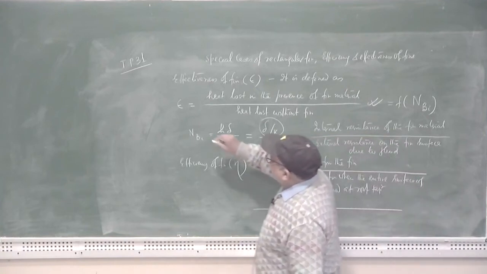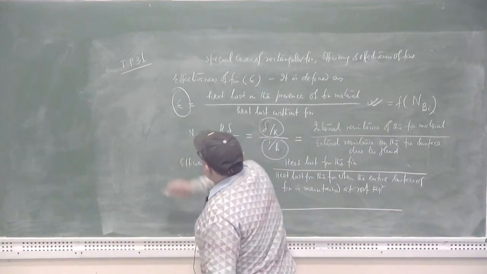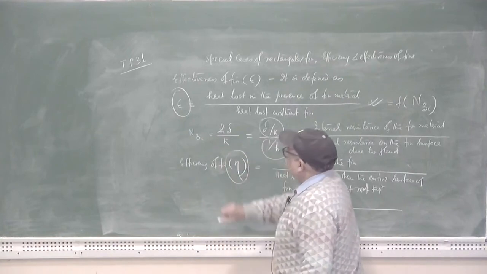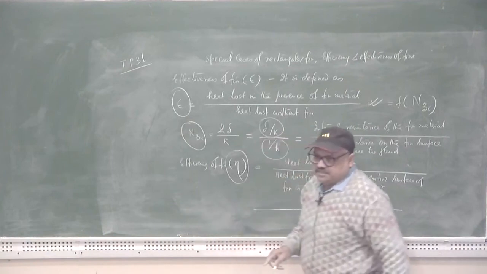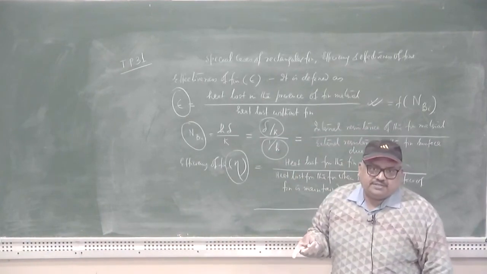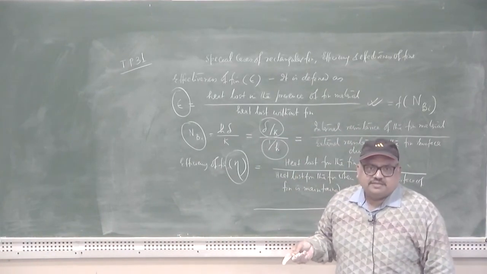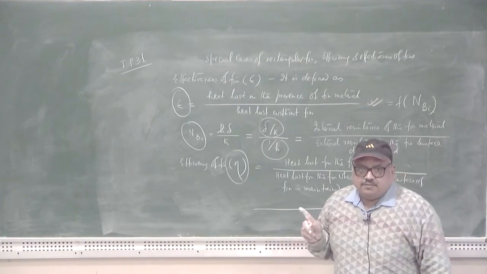Depending upon these two decisive quantities, that is the effectiveness of the fin and the efficiency of the fin, as well as this Biot number, different cases of the use of fins in industrial practice can be tabulated.